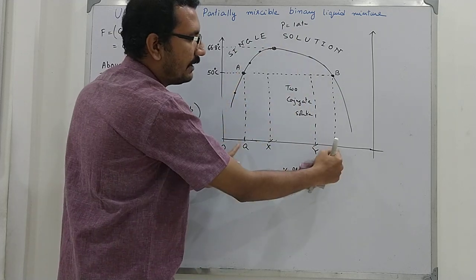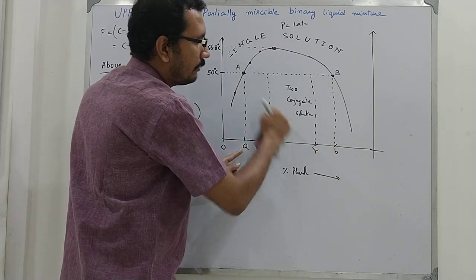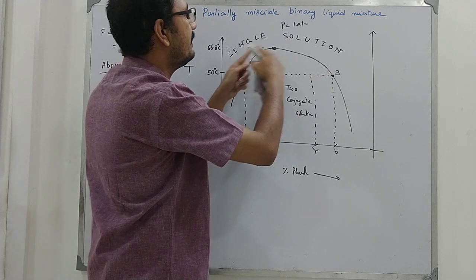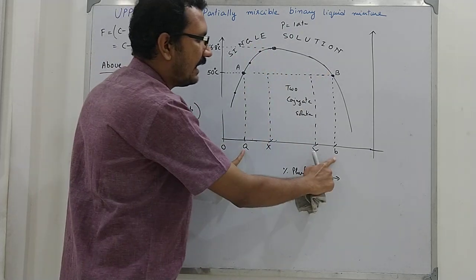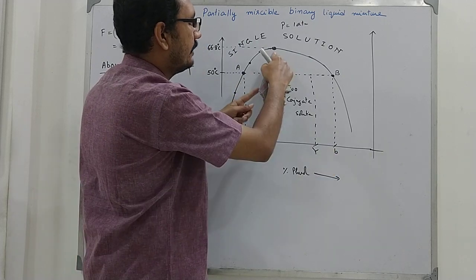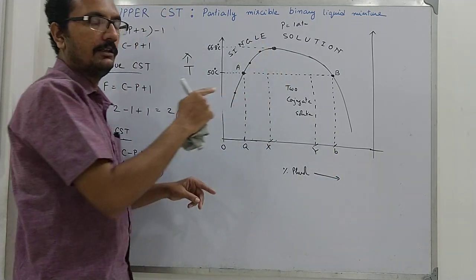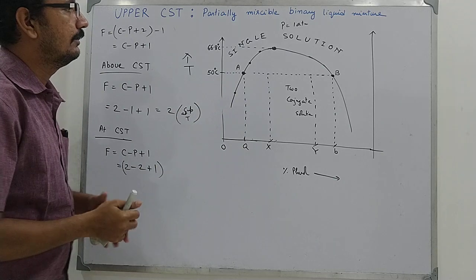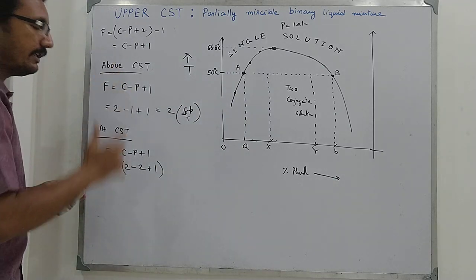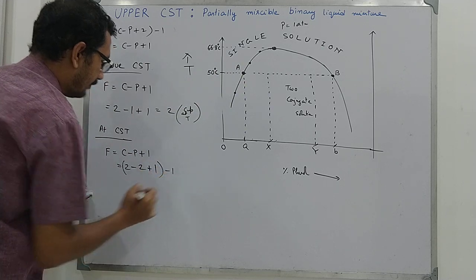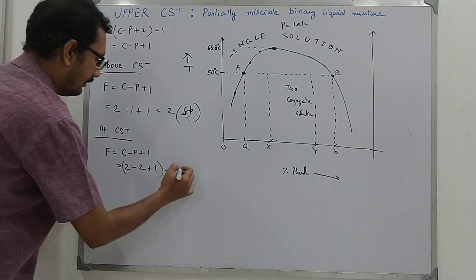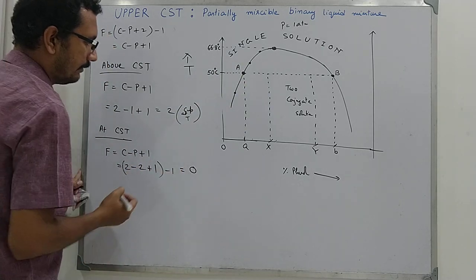These 2 points are coinciding. The composition of the two conjugate solutions is coinciding, that is, the composition is the same. Here the points A and B coincide, so the composition will be the same in both the solutions. So we have another additional restriction, so that will be minus 1. So what it gives us is 0.